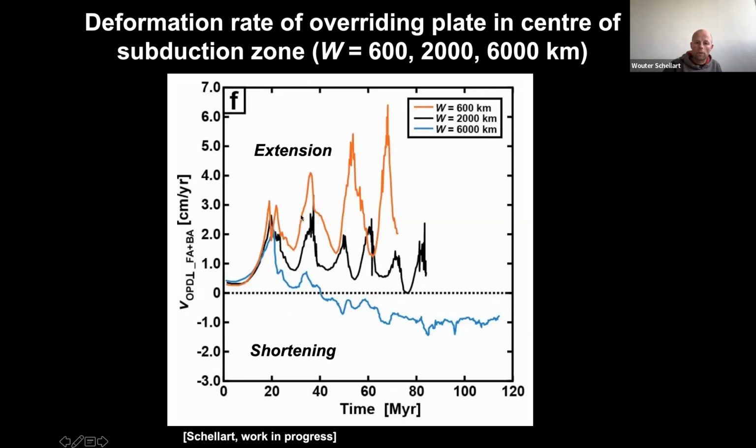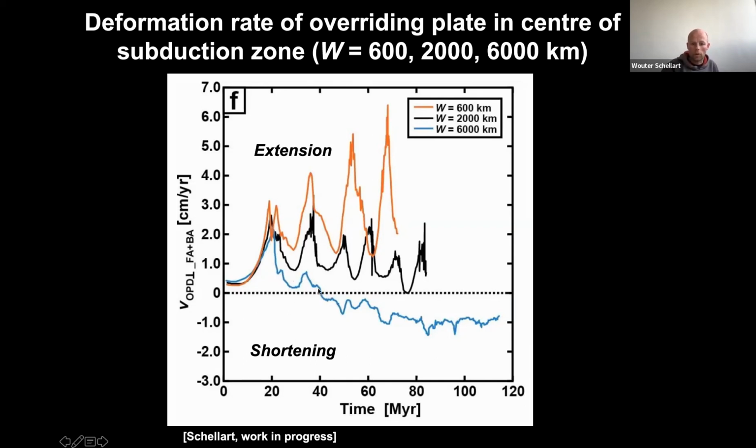So we see for the narrow Scotia-like subduction zone only positive values, and positive values indicate extension, right? And we see again very clearly this periodic signal here, which relates to the falling of the slab at the 660 discontinuity. And in blue, for the wide subduction zone model, we see an initial phase of extension, which is during the upper mantle subduction phase.